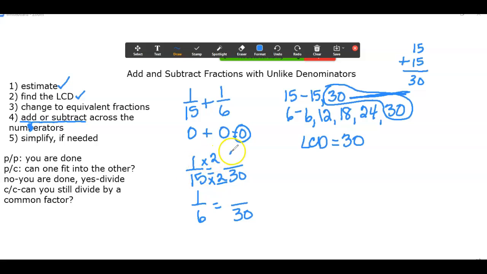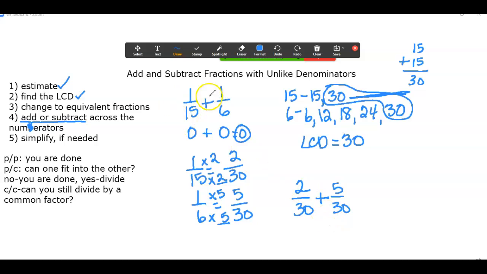So 1 times 2 is 2. 6 times what is 30? 1, 2, 3, 4, 5. What I do to the bottom, I do to the top. So 1 times 5 is 5. So now I'm going to do 2/30 plus 5/30.